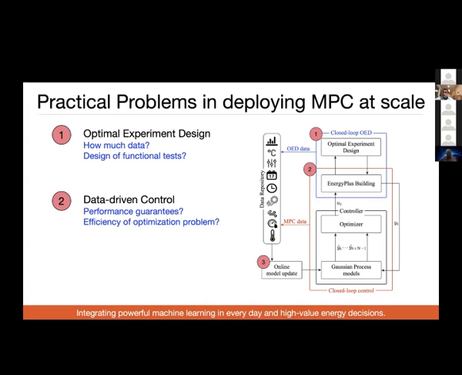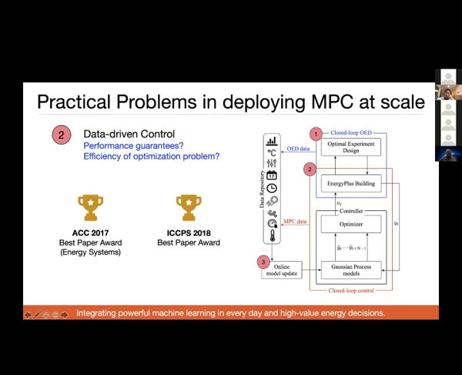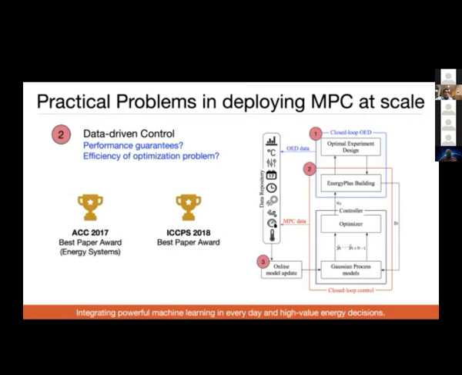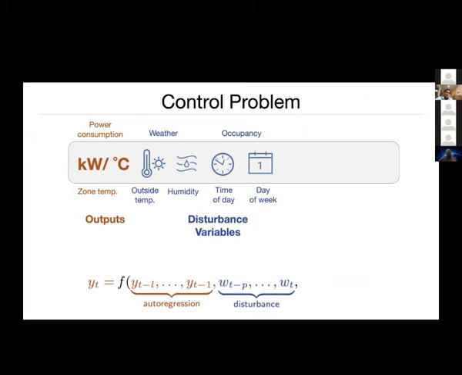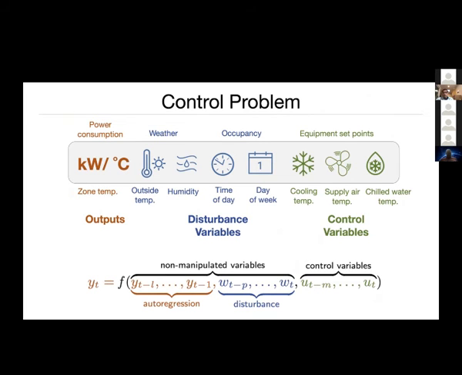And then as the building lives for another 20 years, how do you keep updating your model and working with that, right? For this part, we had a couple of best paper awards on how to do this kind of very efficient online learning approaches for this control problem, where you have a building, you want to manage the peak power consumption, but you have manipulated variables, things that you can change, like cooling temperature, supply temperature, your whole HVAC loop, and things that you can't change, like the weather, occupancy, and so on.